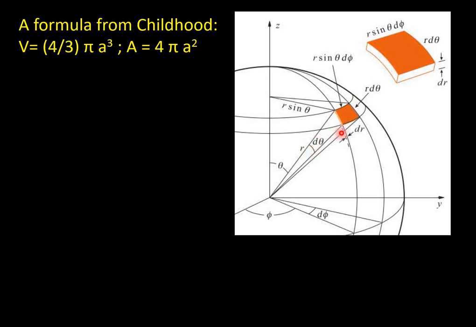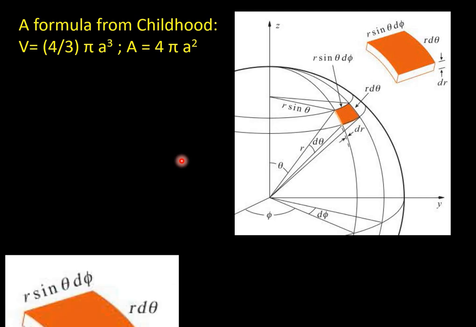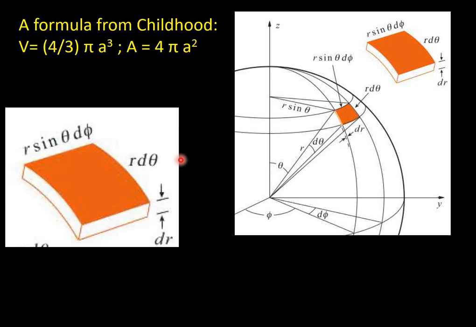Similarly, the width is r sin theta d phi, and there is a thickness dr. So length, width and thickness we can see from the figure are like this.